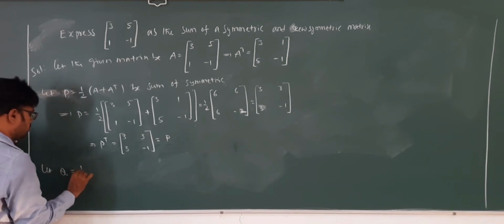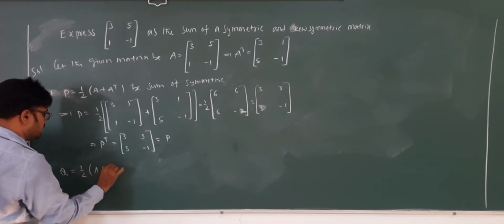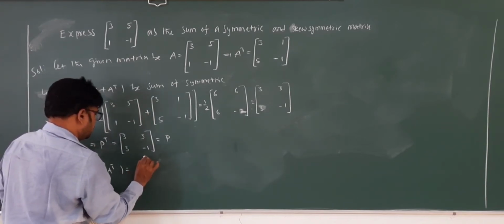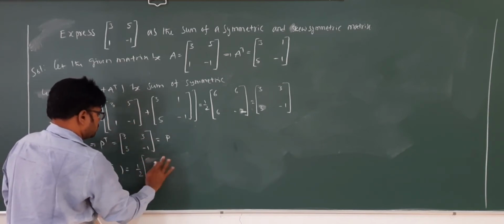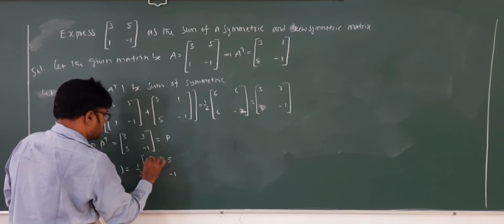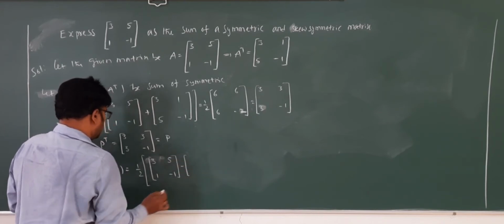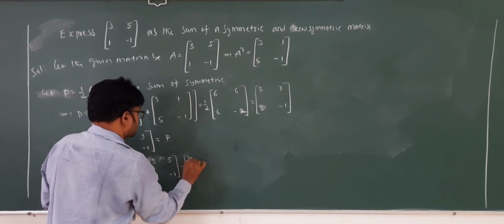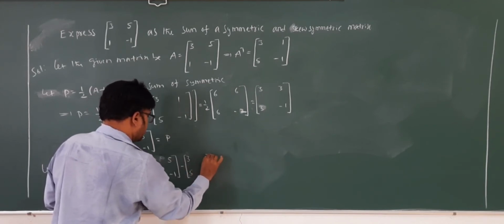Next, let Q equal to 1/2 into A minus A transpose. The A matrix is [3 5; 1 -1], and its transpose is [3 1; 5 -1].